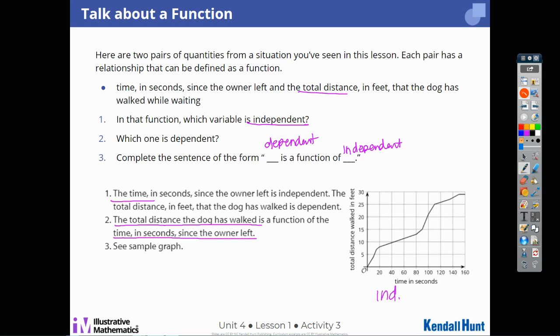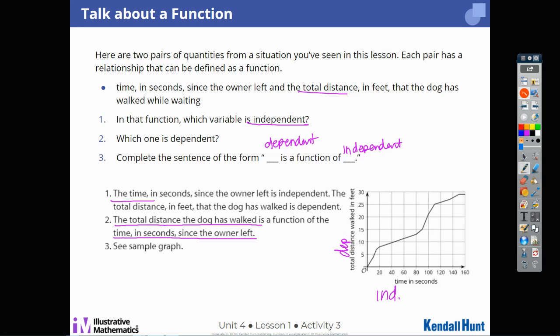So we know that the dog is going to go further the more time goes on, or the less time is the less distance that the dog went. And so if you look at this graph, you can see your independent variable on your x-axis and your dependent variable on your y-axis. And so you can see that it's steadily increasing.